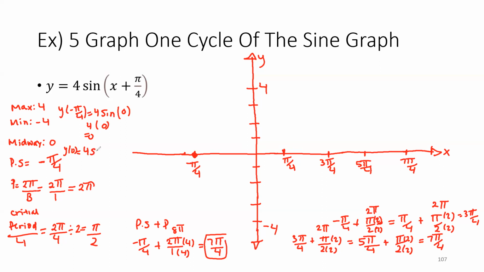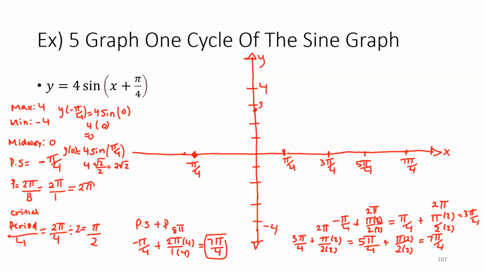So 4 sin, and then replace x with 0. So 0 plus pi over 4 is pi over 4. Sin of pi over 4 is radical 2 over 2. And then times 4, which is 2 radical 2, which is 2.8. So that's not really part of our max. So 2.8 would be right about here.